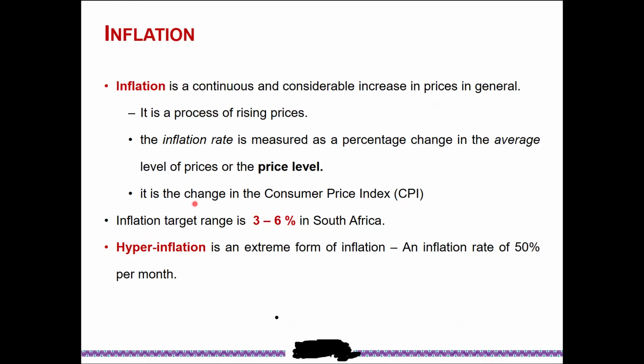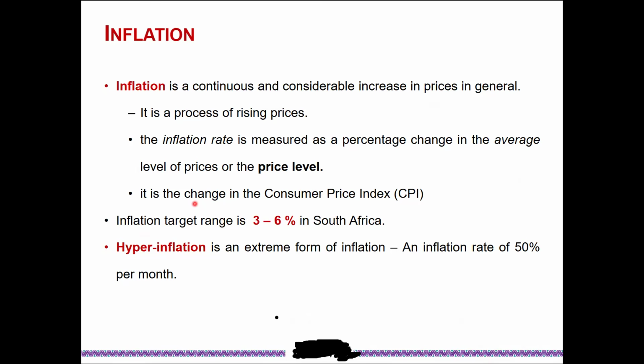And then inflation must always range between 3% and 6%, right? That is the inflation target range in South Africa. It's 3% and 6%. We also have what we call hyperinflation. Hyperinflation is an extreme form of inflation, right? This one is hyper. So it's an extreme form of inflation where the inflation rate is 50% per month, right?